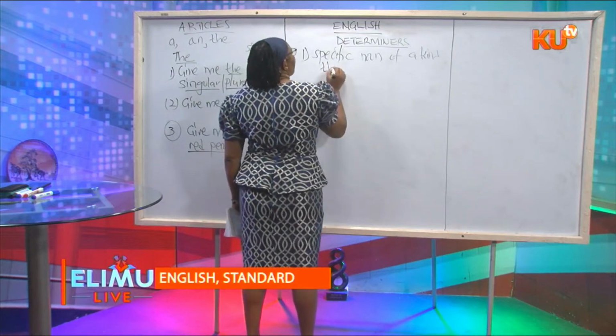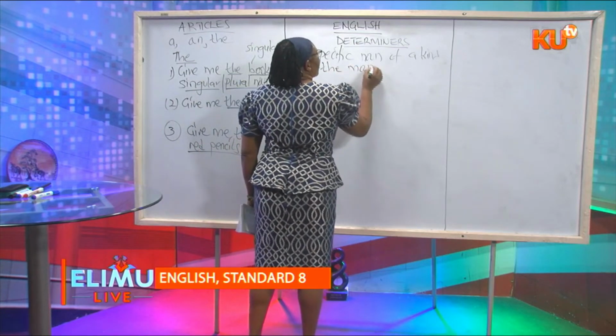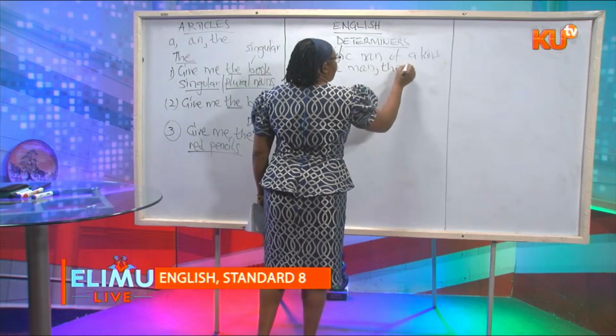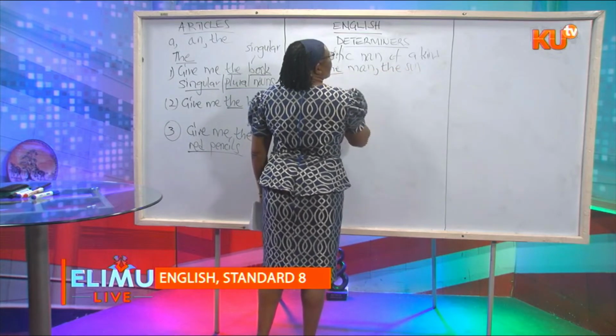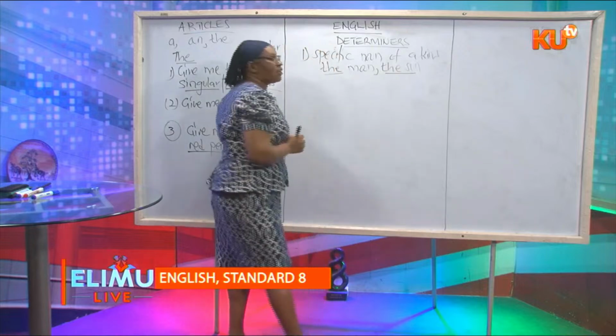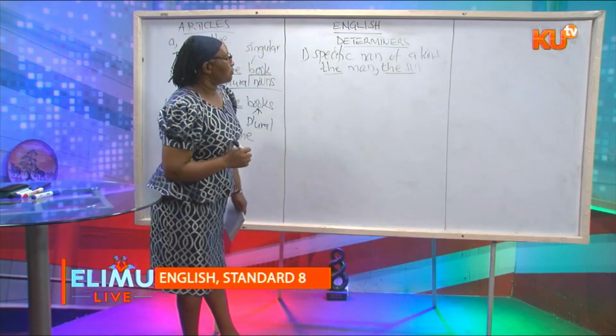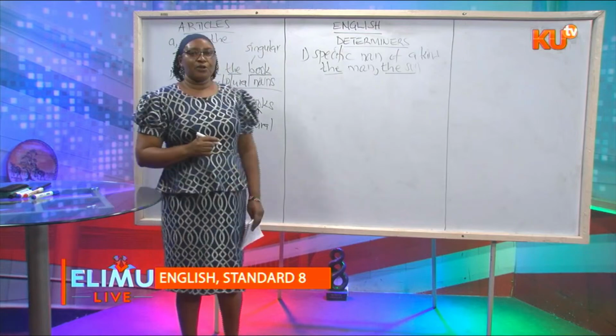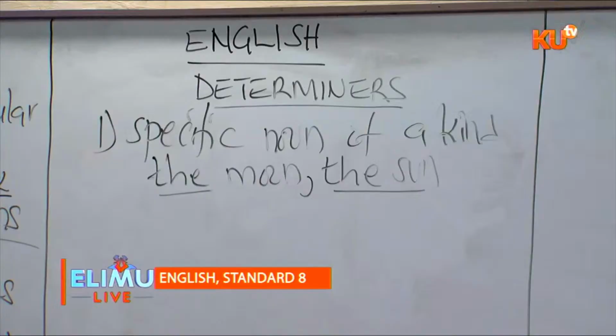For example, the moon, the sun. We only have one moon, and we only have one sun. So when I talk about the sun rises in the east, no one will ask which sun, because we only have one sun in the solar system. Our earth only has one moon, so no one will ask which moon, which sun. So it refers to a noun which is the only one of its kind.